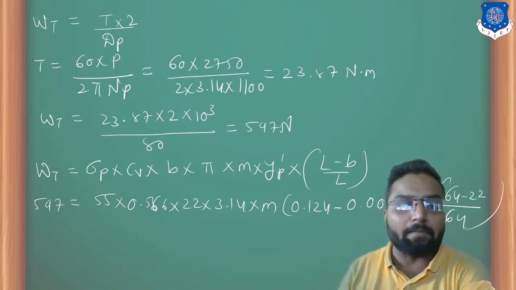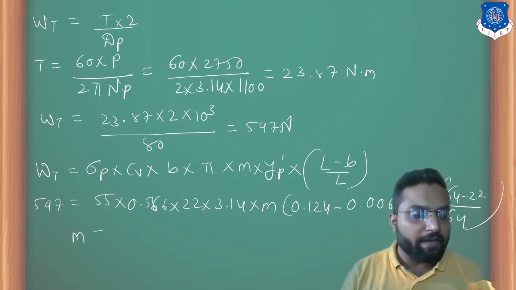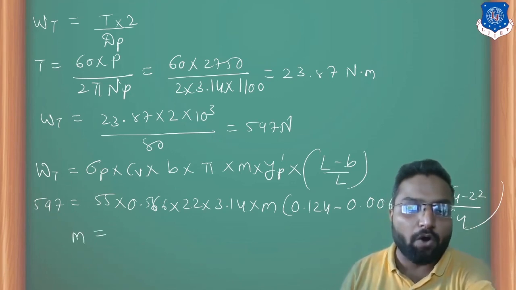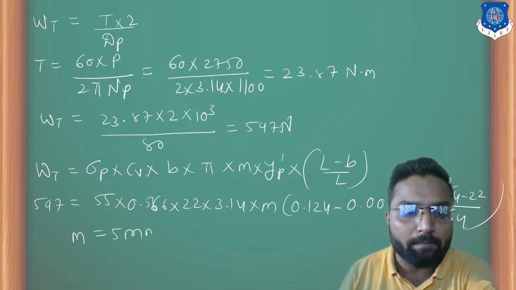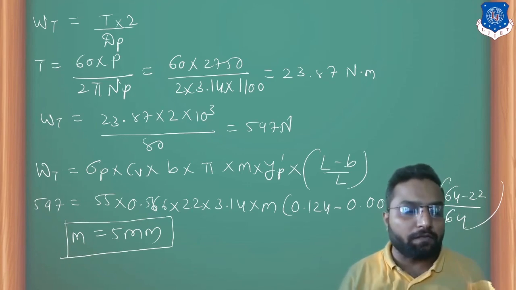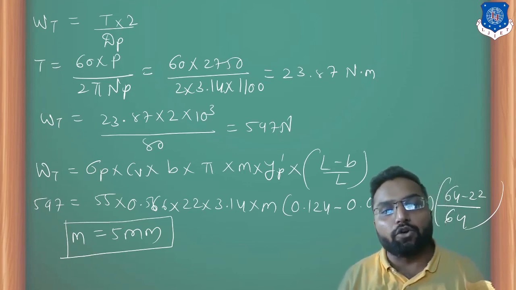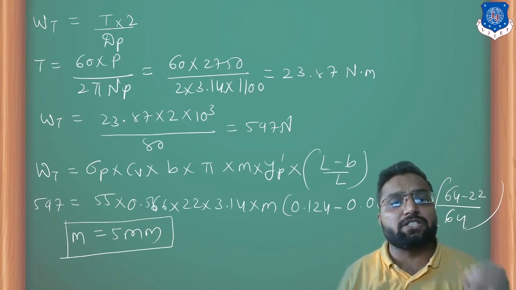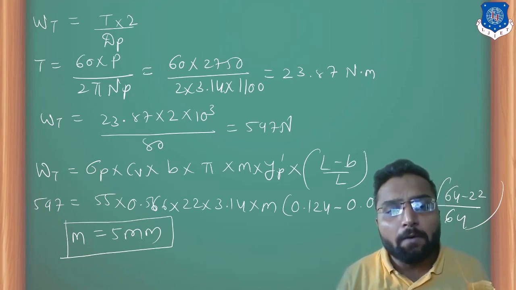By solving this equation, we find the module is almost equal to 5 mm. So your module will be 5 mm. Here we can understand how to find this module, step by step.